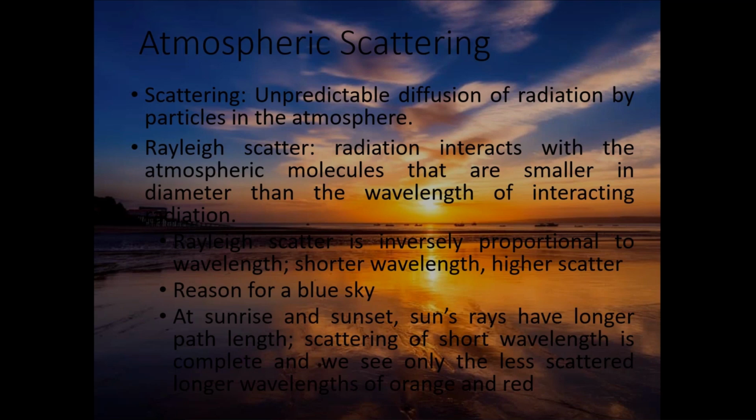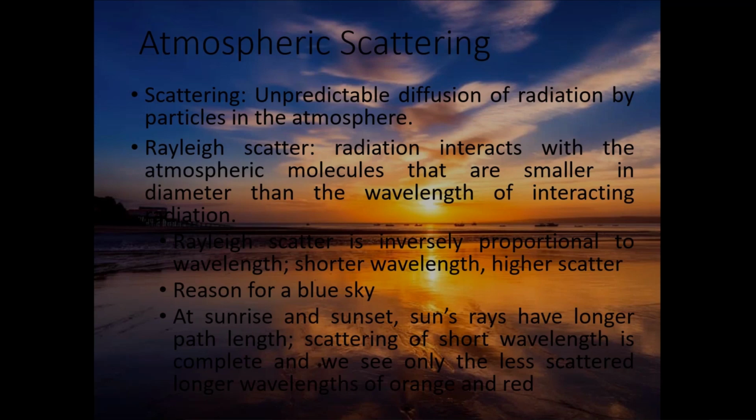That is why during sunrise and sunset the path length is also more, right? As the path length is more, there is a possibility for more interactions in the atmosphere, and more of this shorter wavelength energy is diffused during sunrise and sunset. So at sunrise and sunset, that light has to travel farther through the atmosphere than at midday, and the scattering of the shorter wavelengths is more complete, right?